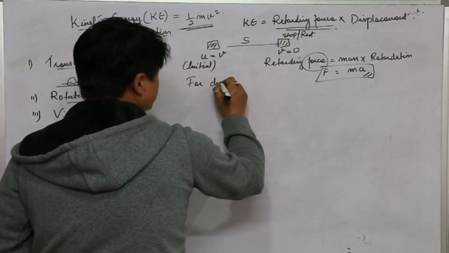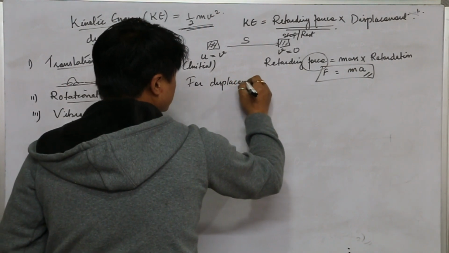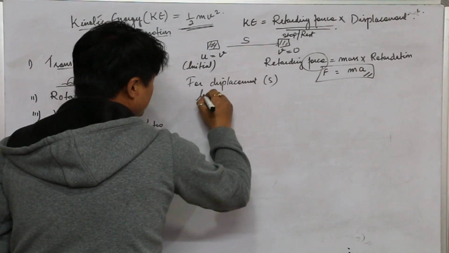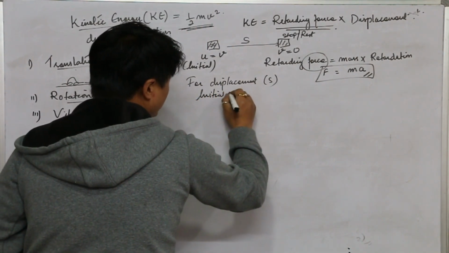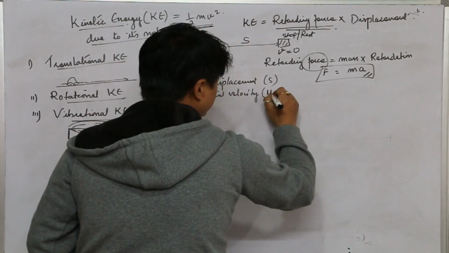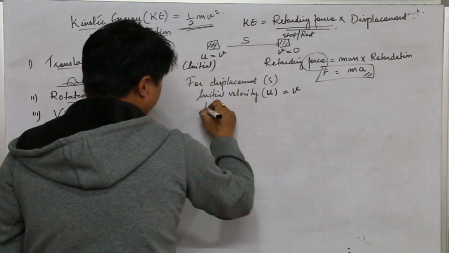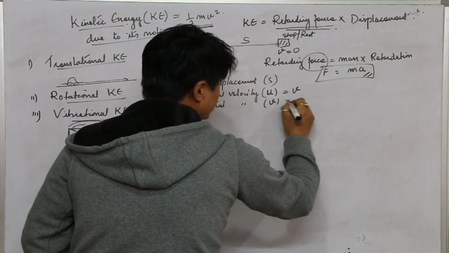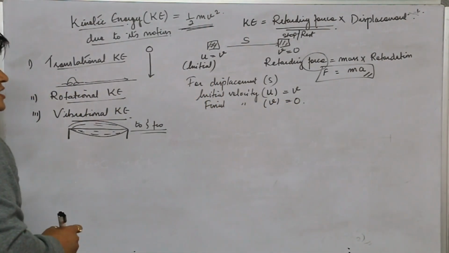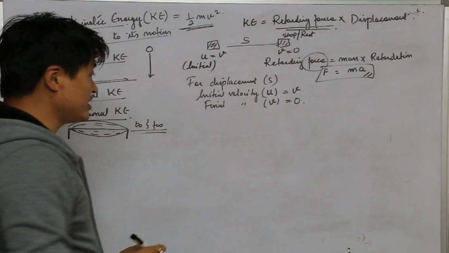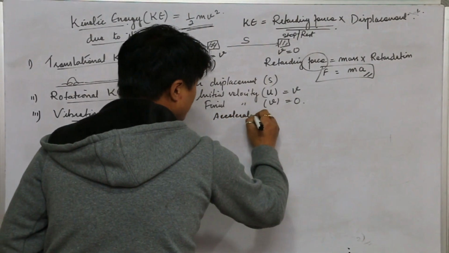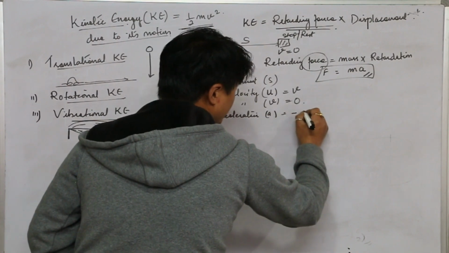For displacement, the initial velocity u is equal to v and the final velocity v is equal to 0. And since the body is retarding here, acceleration a is minus a.